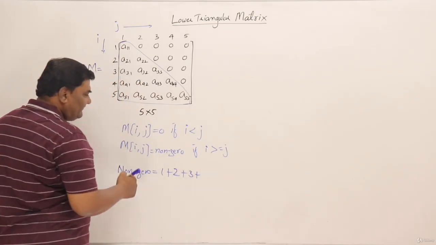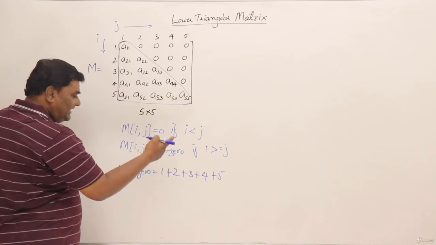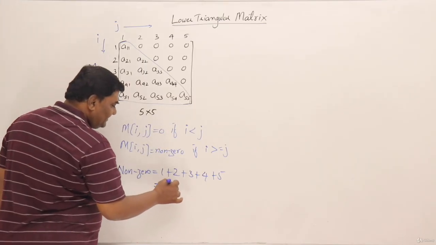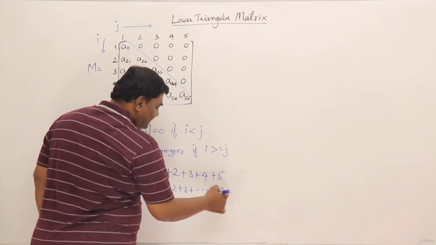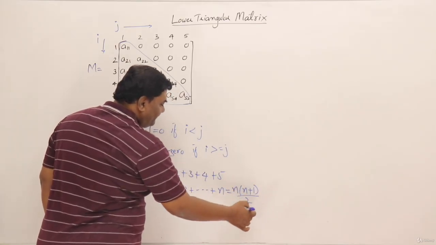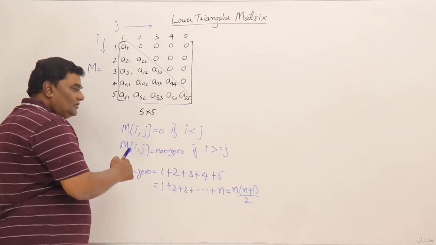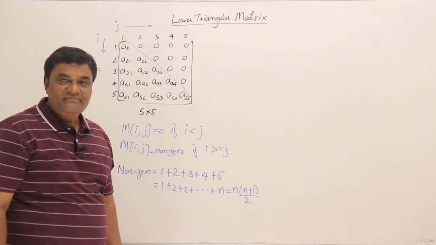So this is for 5, so this is 4 plus 5. Now for any n cross n matrix, it will be 1 plus 2 plus 3 and goes on, the last one will be n. So this is n into n plus 1 by 2 number of elements that are non-zero. These many elements are non-zero.